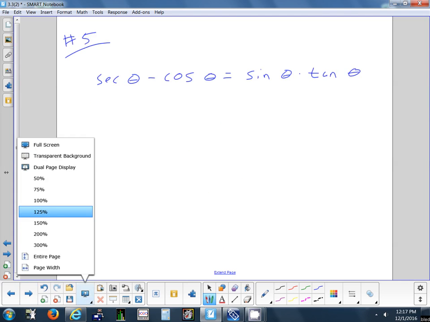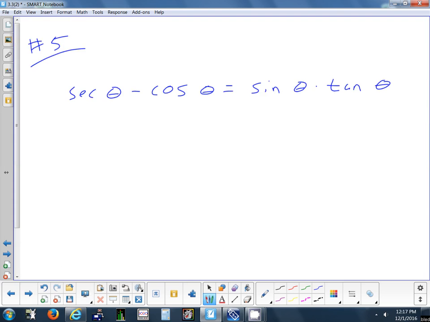Okay, number 5. We've got secant minus cosine. All right, I'm going to try the same approach here. I'm going to first change everything to sines and cosines. So I have 1 over cosine minus cosine over 1. Next step, I'll find a common denominator, which is the product of those two.